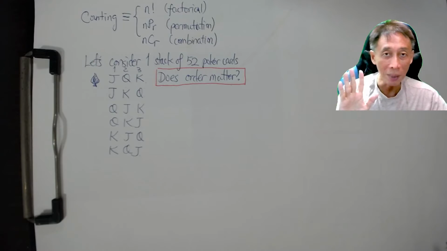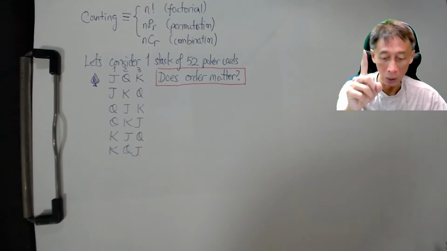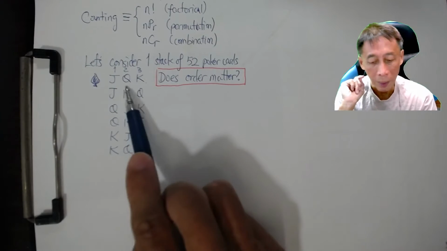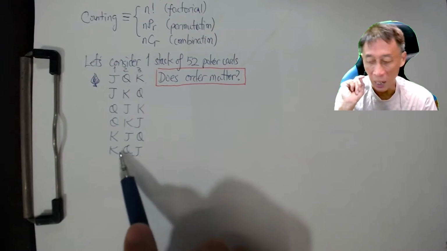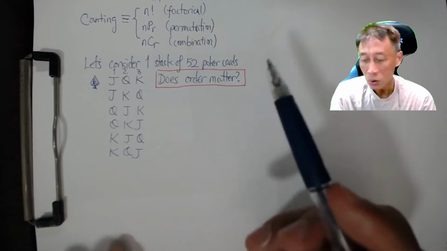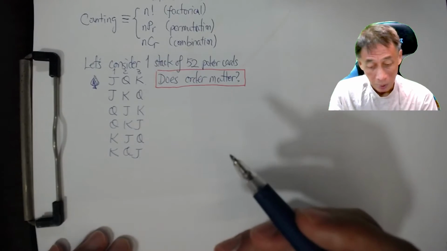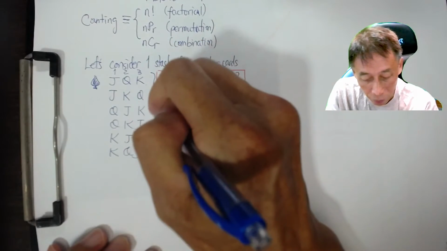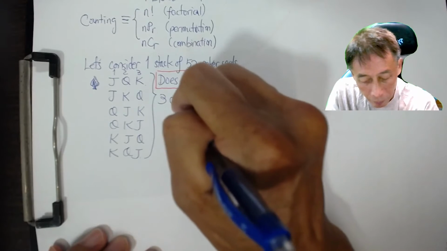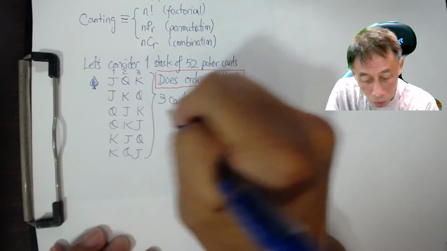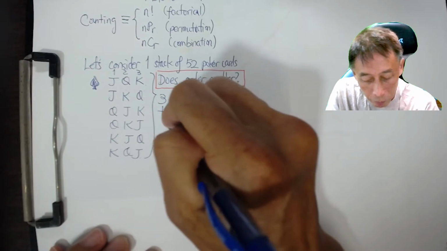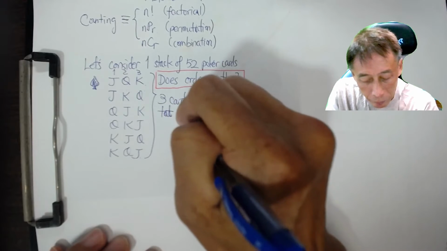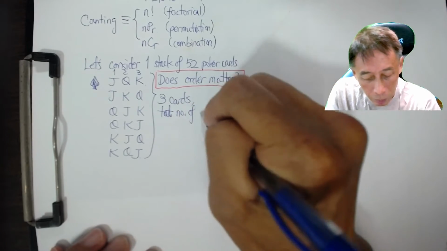So if order doesn't matter, I already have the group, 1 way, that's it. But if order matters, then we see that it is like this, right? So it is 6, with 3 cards. So the total number of permutations.